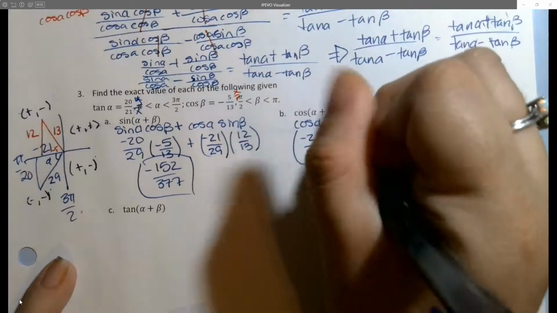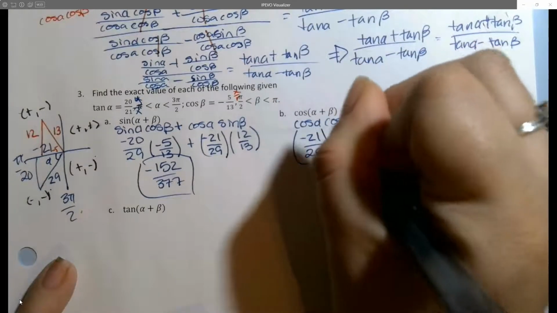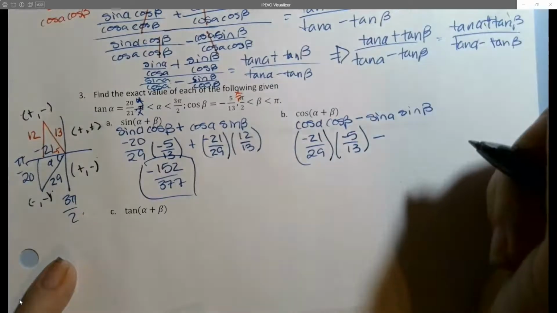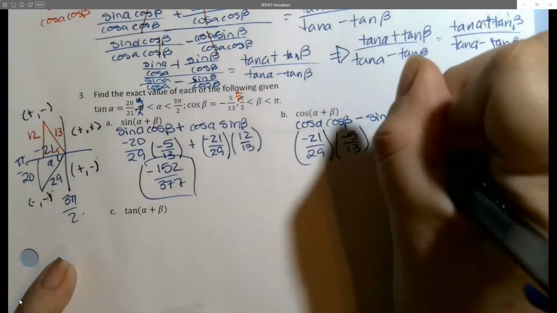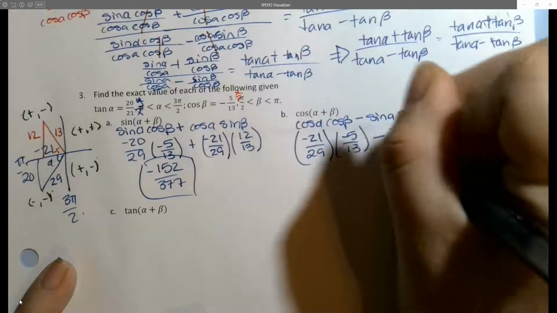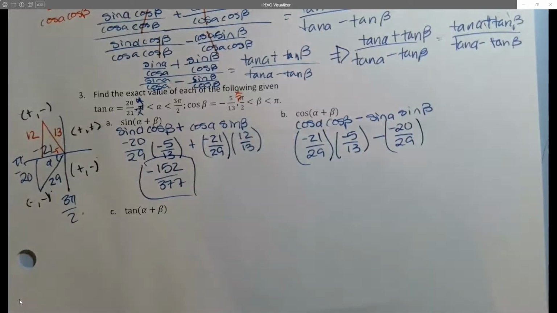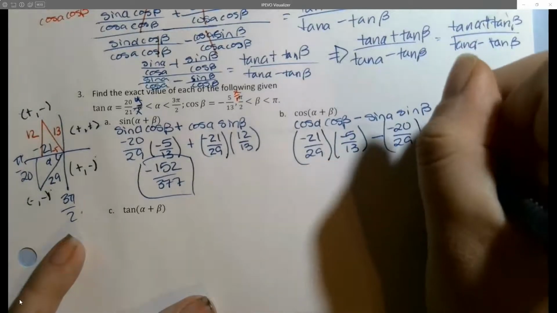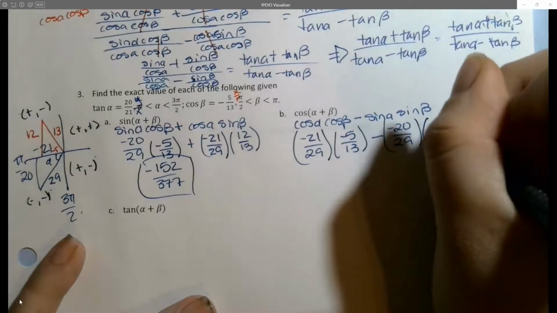Then cosine beta was the one that was given to me, negative 5/13. Sine alpha is on the blue triangle, negative 20 over 29. And I have a double negative here because I have the negative from the formula and the negative from the 20 on the triangle. Then I have sine of beta, which is 12 over 13.